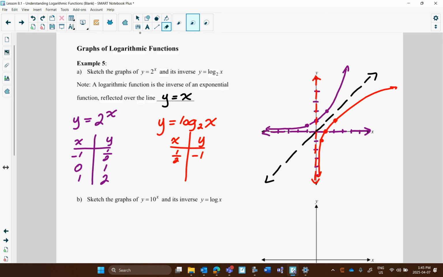So -1, 1/2 will become 1/2, -1. 0, 1 becomes 1, 0. 1, 2 becomes 2, 1. So that's one way that you can graph logs.